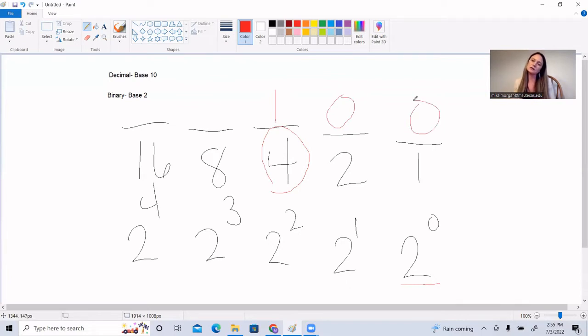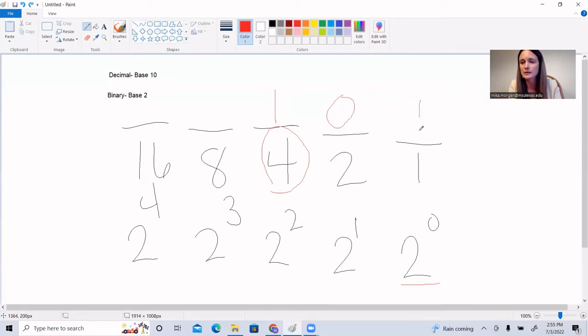You do have to have those zeros in as placeholders. If you didn't have those, it would just look like a 1, right? Kind of like if I wanted to represent the number 100 in base 10, I do need those zeros as my placeholders. So in binary, in base 2, this is actually the number 4. I have 1 in the 4's place, and I have nothing else.